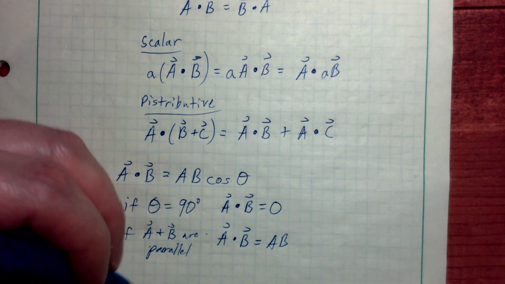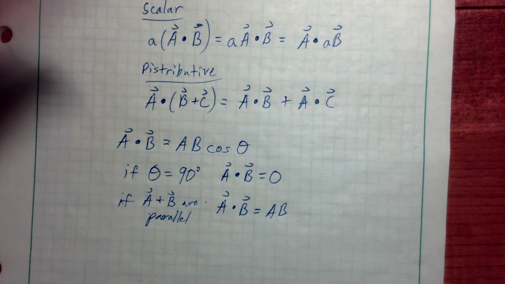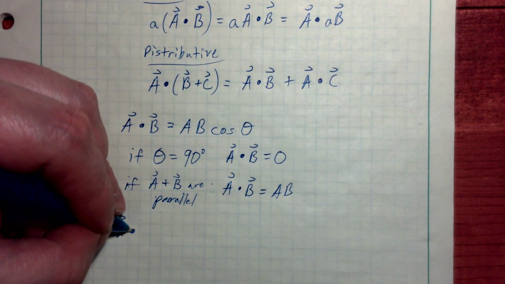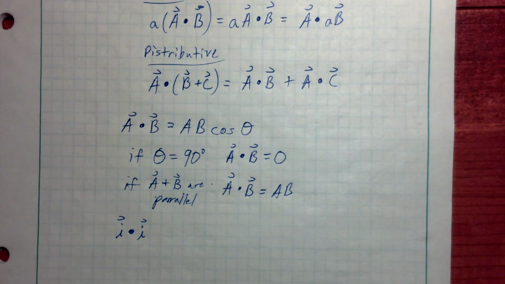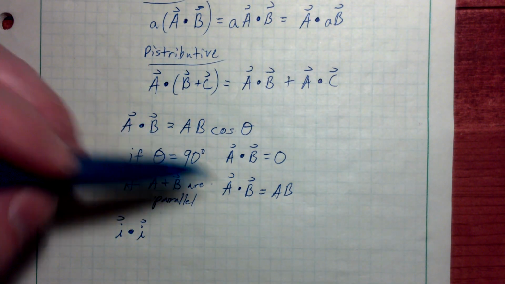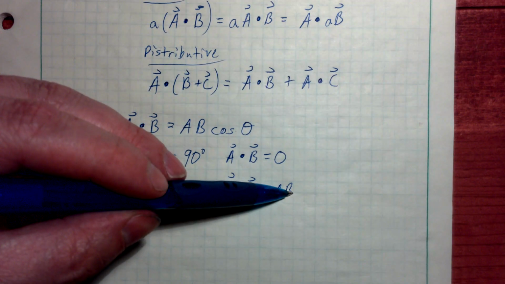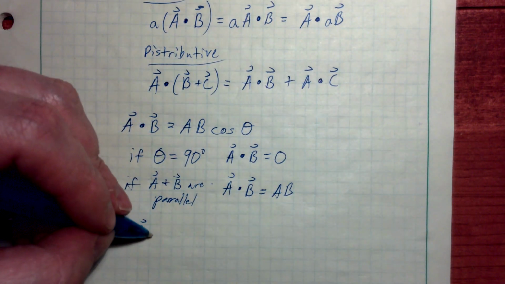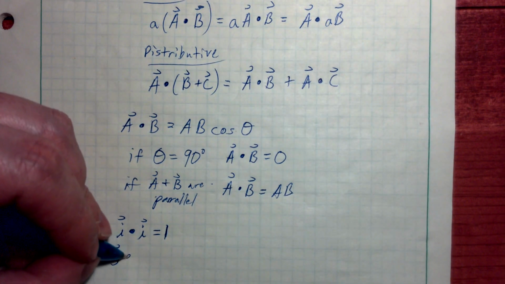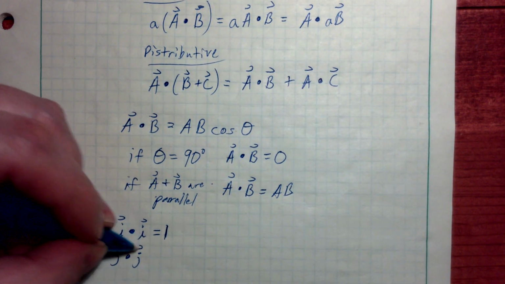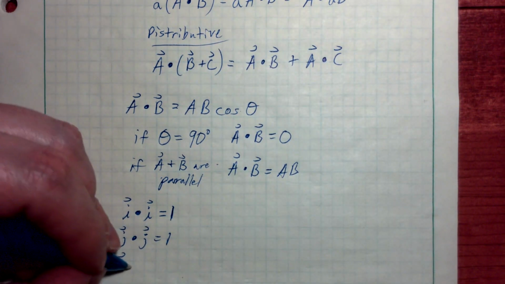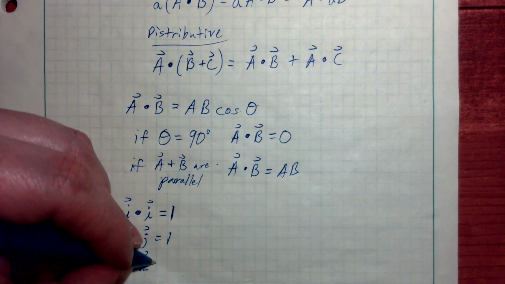So, notice what happens if I take these standard unit vectors. If I take i dotted with i, well, those are parallel. So then I would just take the magnitude of i times the magnitude of i. Both of these have a magnitude of 1, so that is 1 times 1. And I get the same thing if I dot any of these unit vectors with themselves. j dotted with j gives me 1. k dotted with k gives me 1.